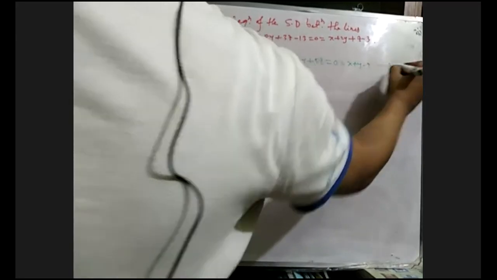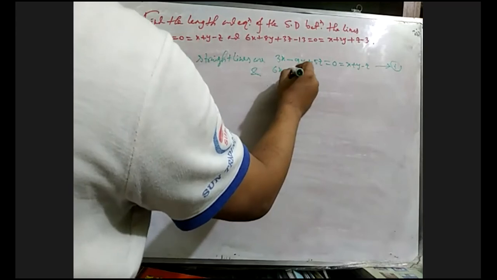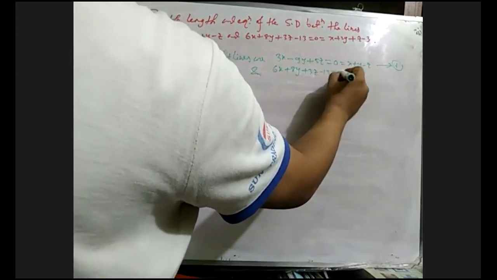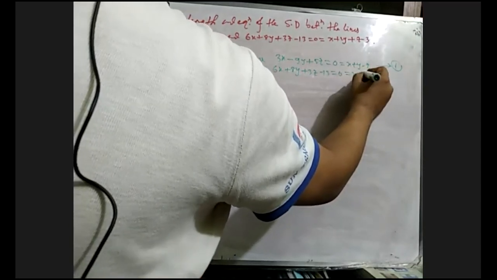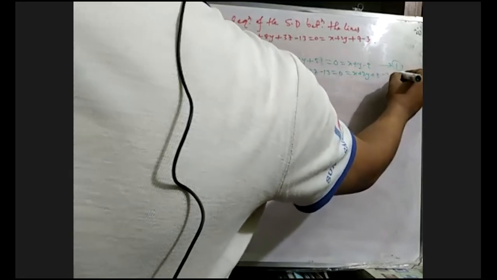This is equation number 1. And second one is 6x + 8y + 3z - 13 = 0 = x + 2y + z - 3. This is equation number 2.